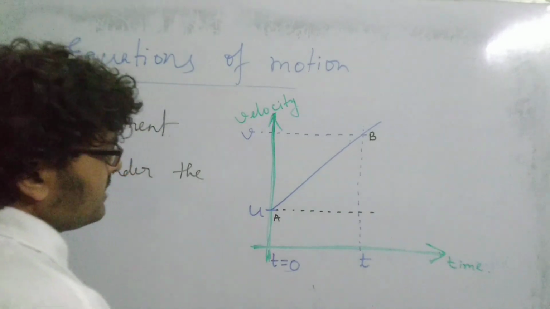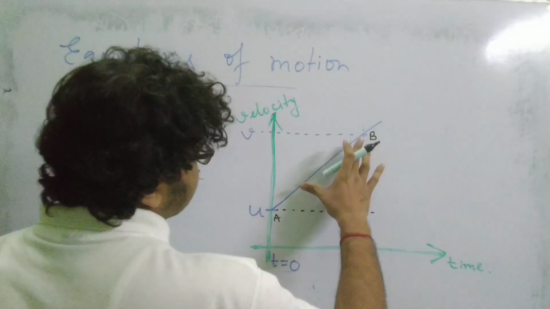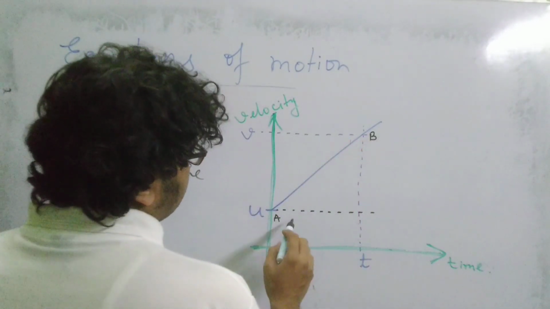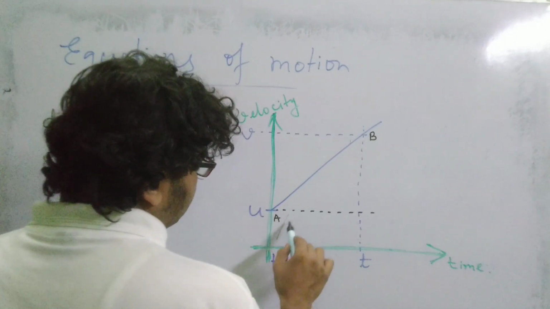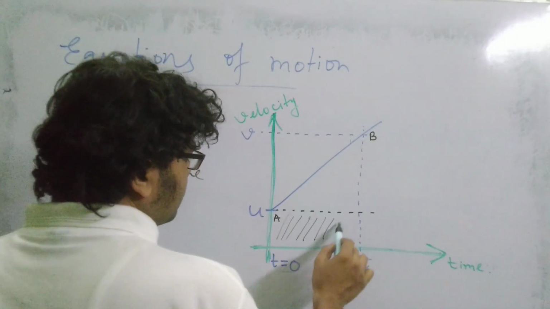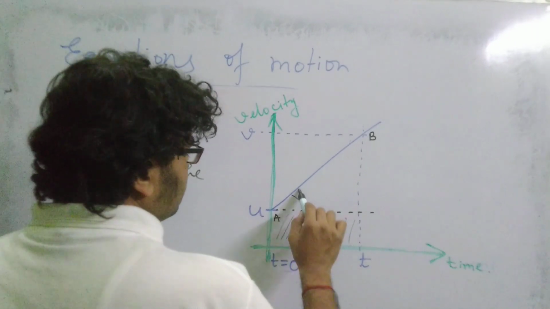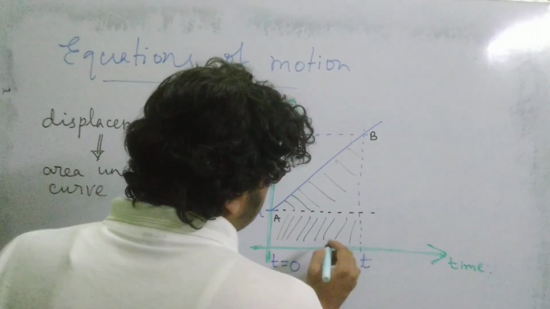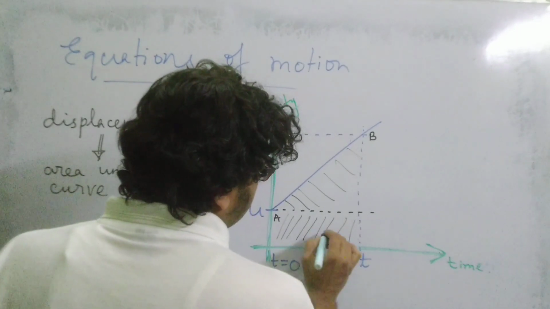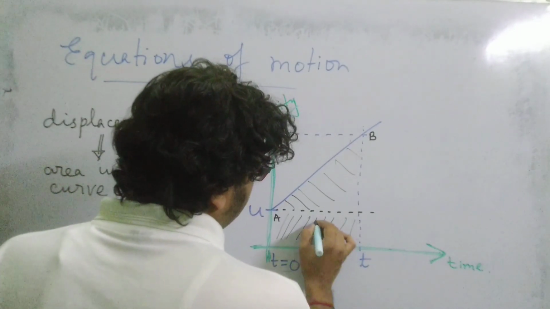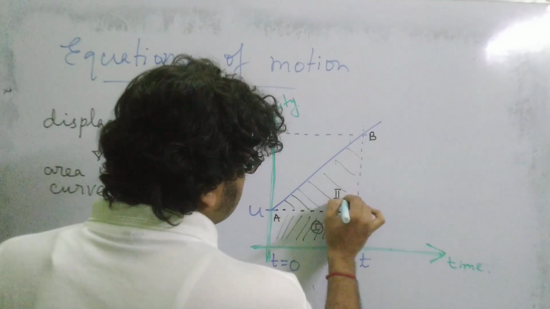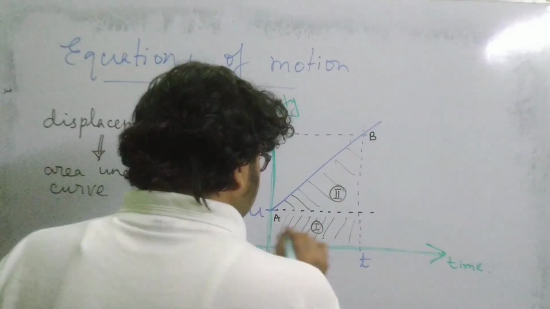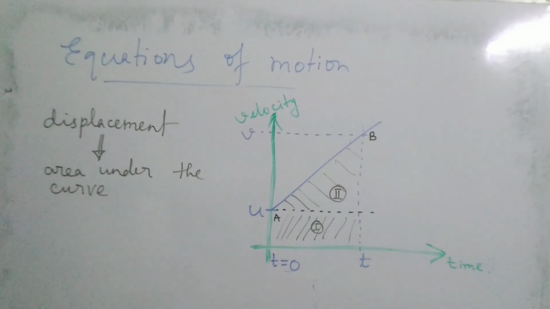There are actually two areas, isn't it? If I consider the area under the curve AB, there are two areas. One is this rectangular area, and another is this triangular area. Now if I mark this area as 1 and this area as 2, we just need to add up the area of part 1 and part 2.